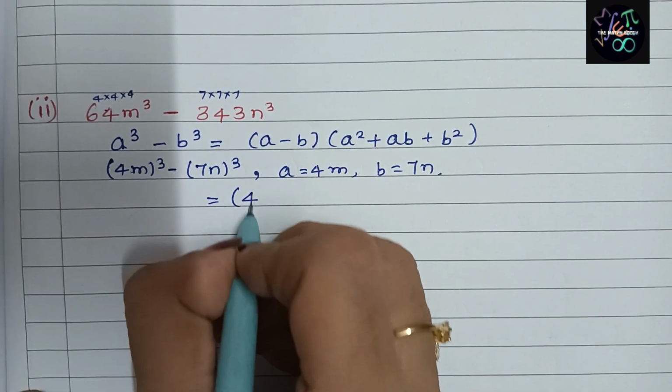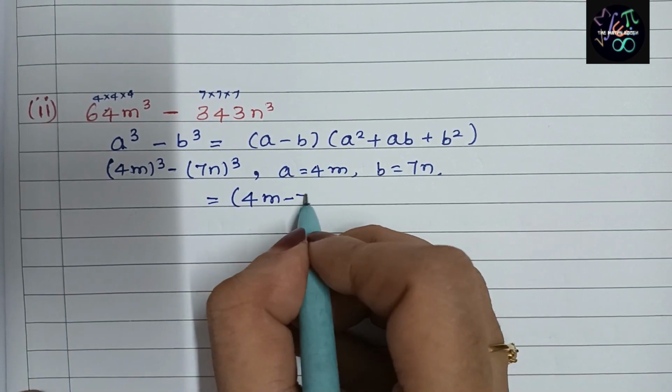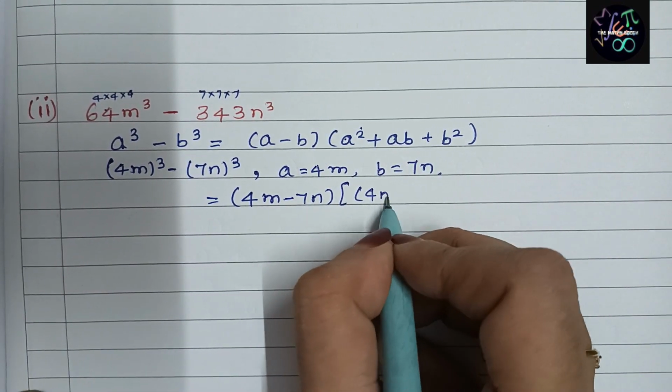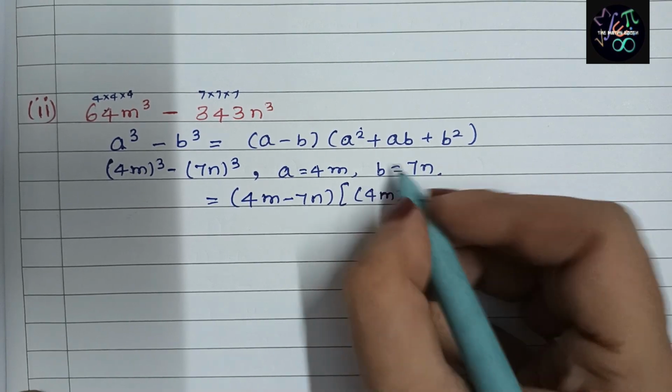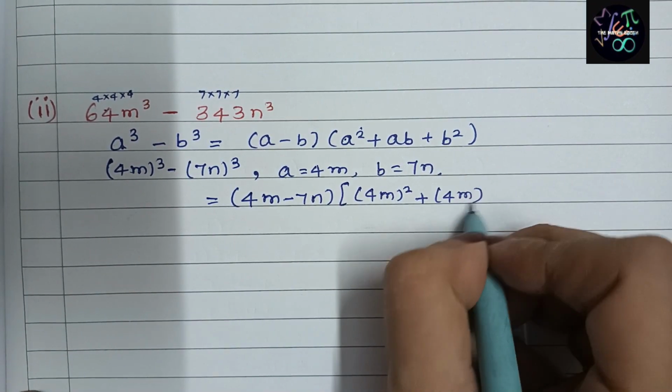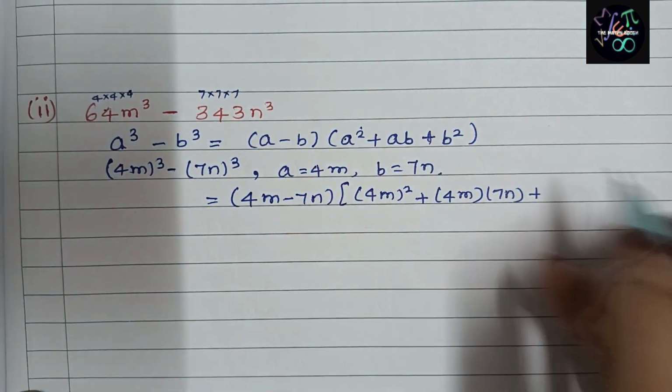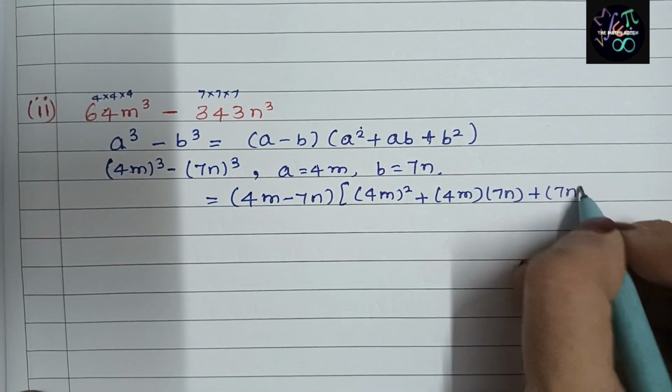A value 4m minus b value 7n, bracket a square 4m square plus a into b, 4m into 7n, plus sign as it is, b 7n whole square.